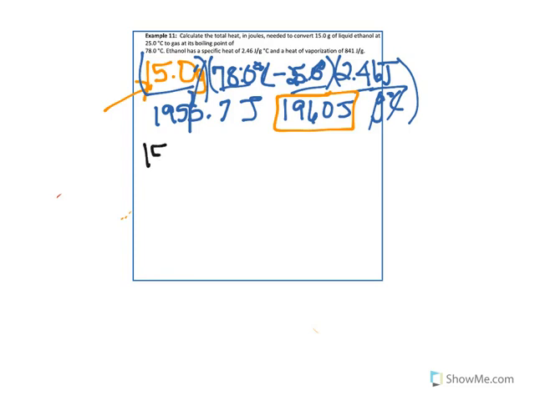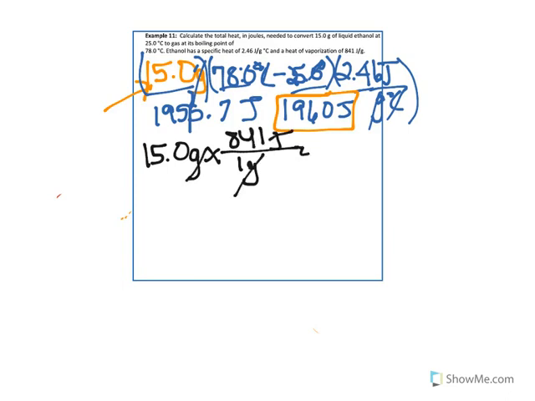We had 15 grams. So we are going to multiply this by a conversion factor. There are 841 joules per 1 gram. So we're going to put our 1 gram on the bottom in order to cancel it out, and our 841 joules on the top.